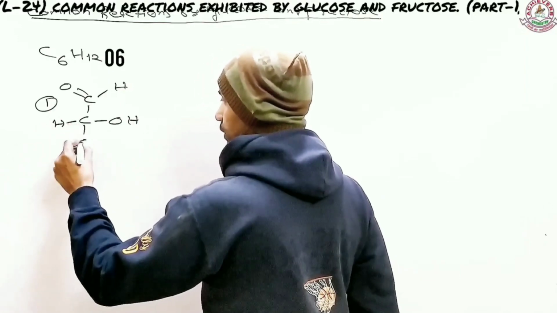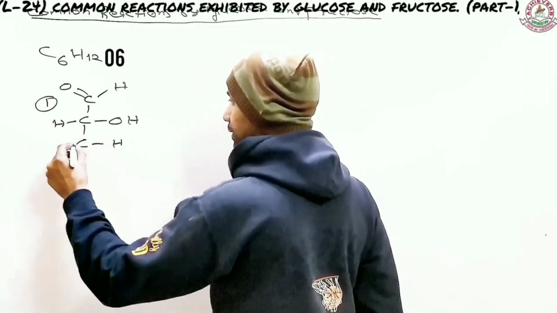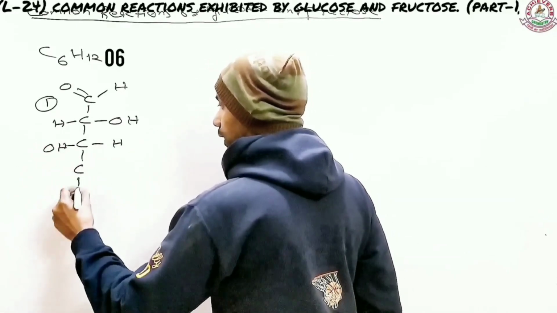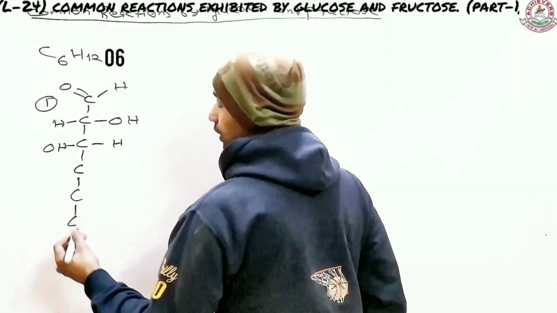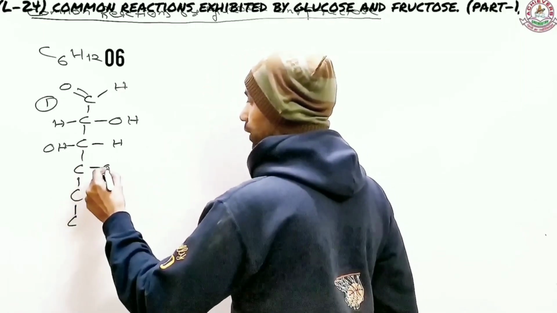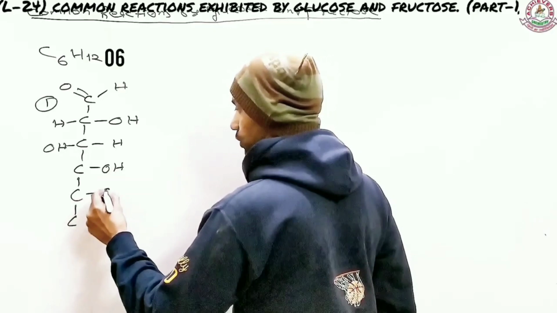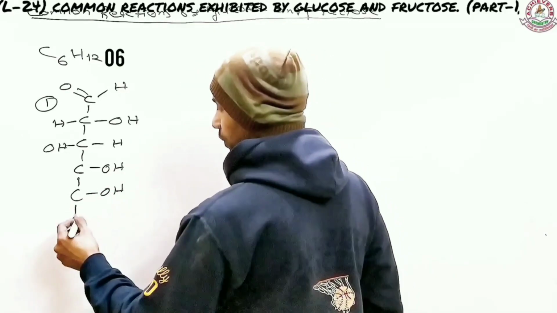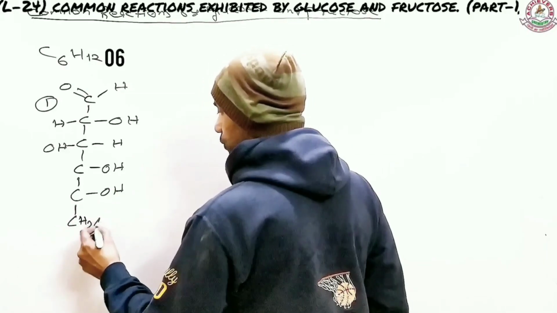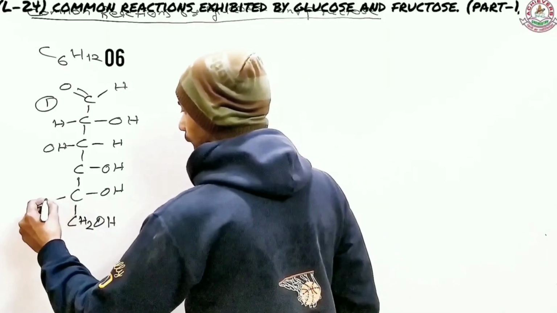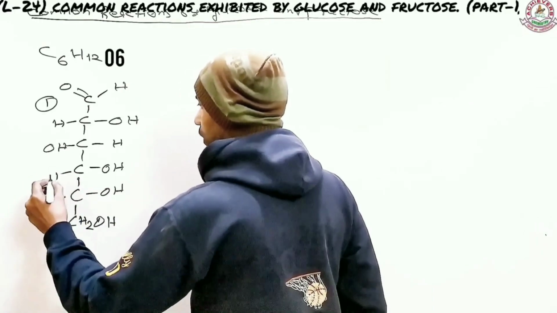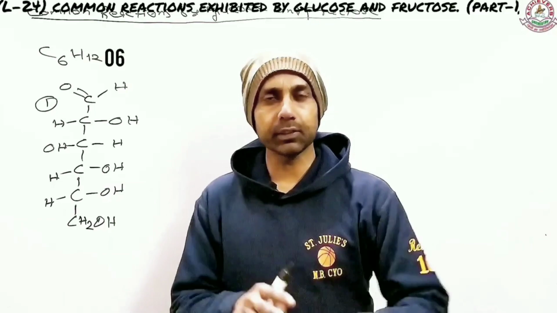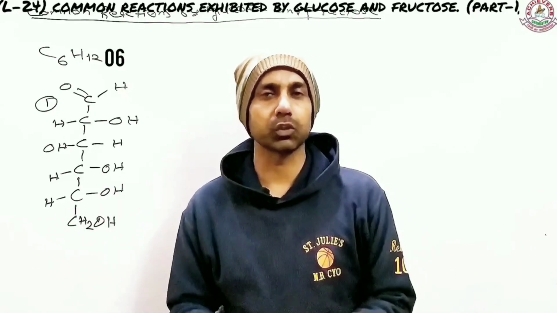The third one has a hydrogen on the right hand side, while OH on the left hand side, and the rest of the carbons have OH on the right hand side. So this is what your glucose structure looks like. The last one is again achiral, in the form of CH2OH, right? So there you have an H, there you have an H here. This is the open structure of glucose. I hope you remember each and everything about it. There are so many things we have done so far.